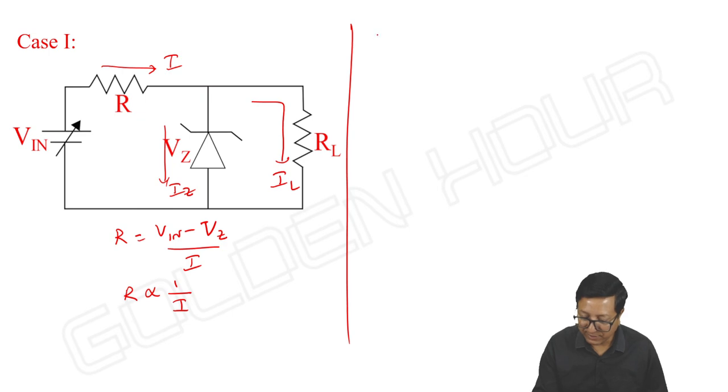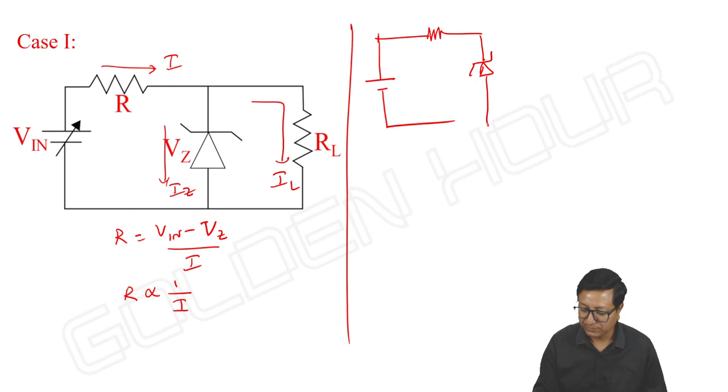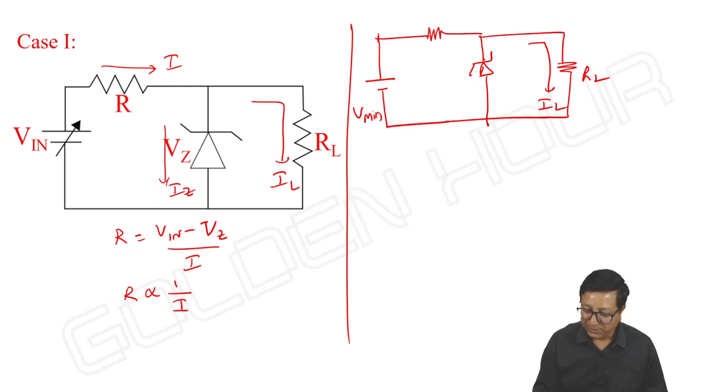So I can write here the circuit. RL. Here IL is fixed. So as input is minimum, the corresponding I is minimum. I is minimum means the current through the Zener diode is also minimum.